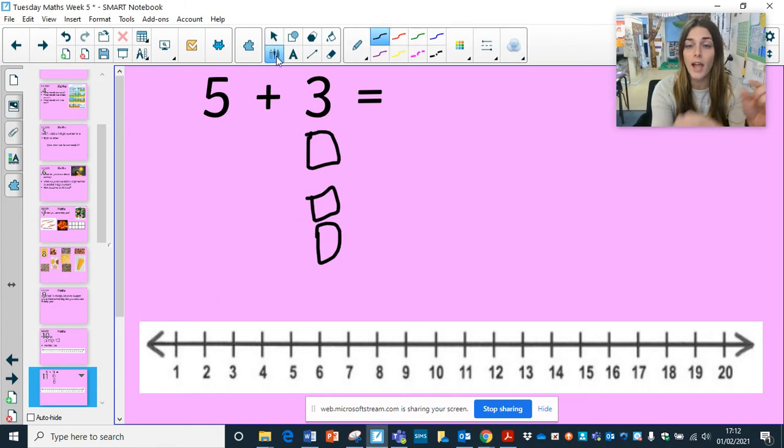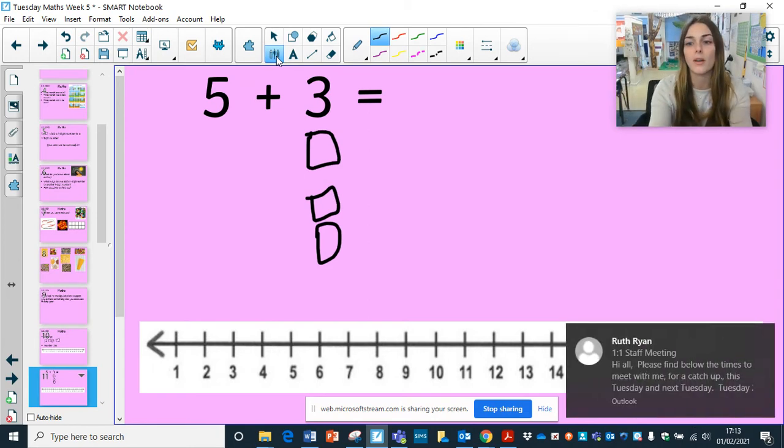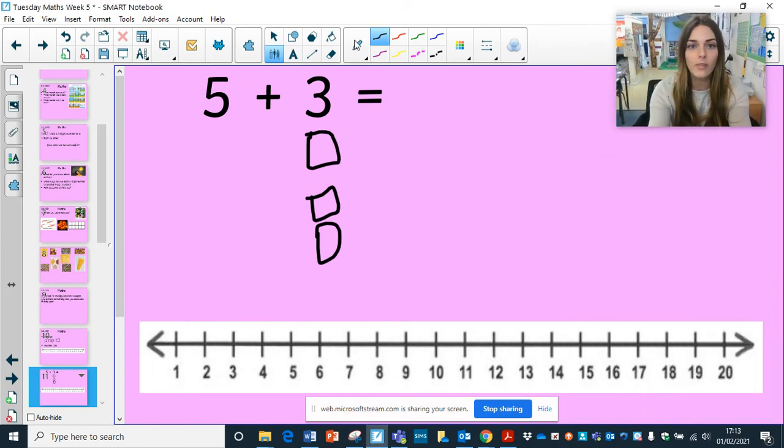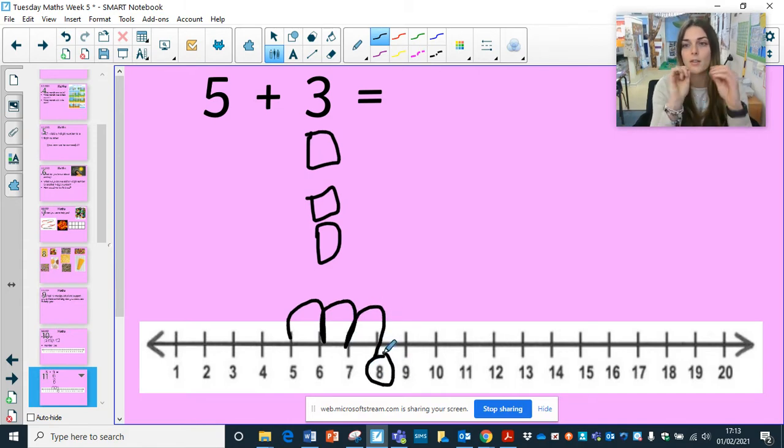That means you do 3 jumps up the number line, because we're adding. So we start on the number 5, and then we jump 3 along the number line. So we go 1, 2, jump ahead, 3, and then we circle our answer. Always circle the answer, so you remember to then write it at the top here.